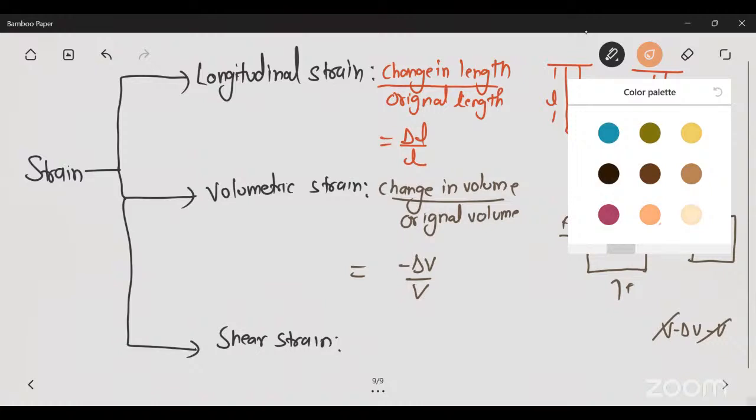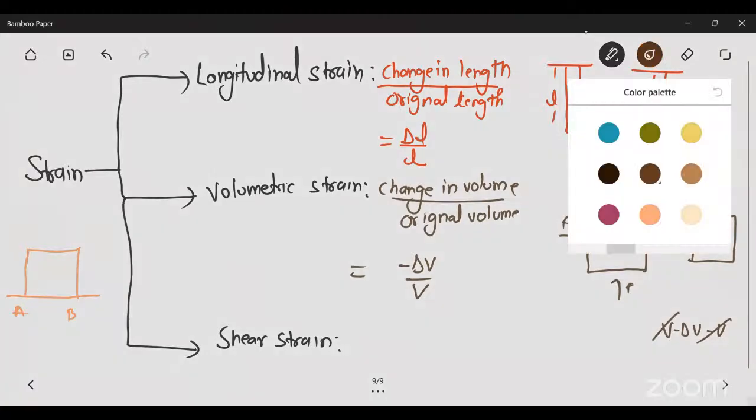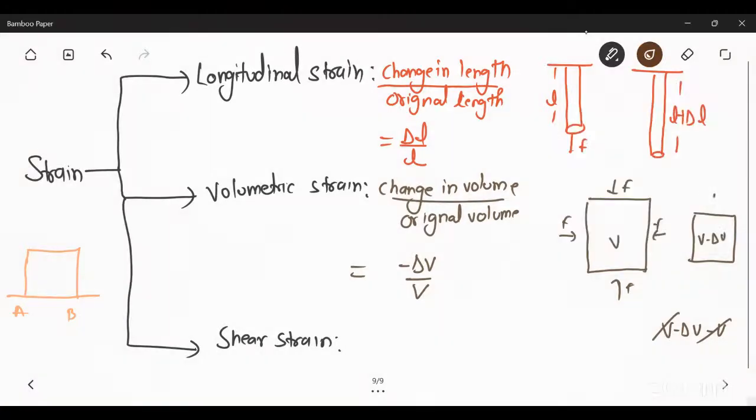Now consider a condition where a body has a fixed side AB. Now, if I apply a force on the body rightward, what will happen? This part AB is fixed, so it will move through an angle theta. So what is shear strain?